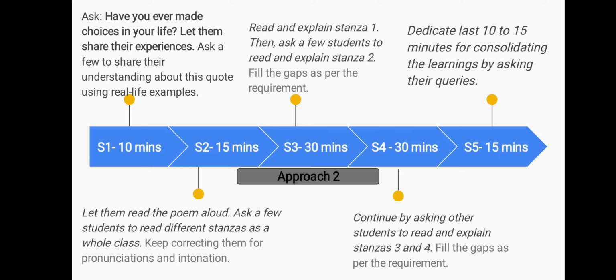Otherwise, being the facilitator, you need to be ready with a few examples of the choices that you had made. Now, steps number 2, 3, 4, and 5 are going to be the same as approach number 1. So, these are the two ways through which you can begin this particular lesson in your classrooms.